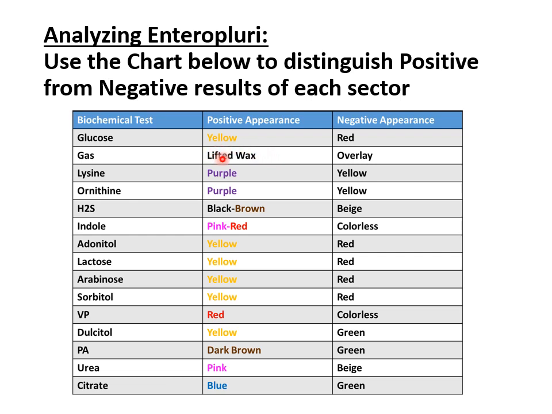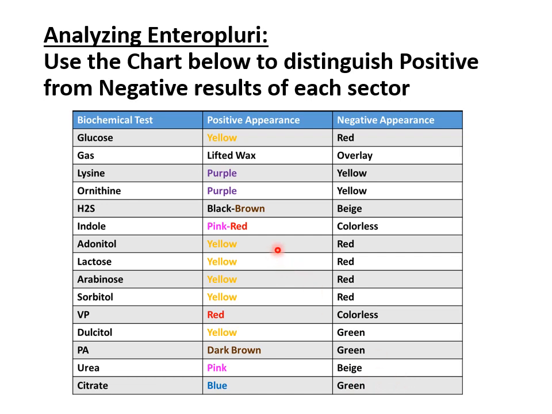If you see lifting of the wax, or what I call a bubble formation, that would mean your gas section is positive. Purple in any of these two sections will tell you positive. Okay, so all of these results are the positives, and here are the negatives. This will help you a lot when you're trying to analyze your results.